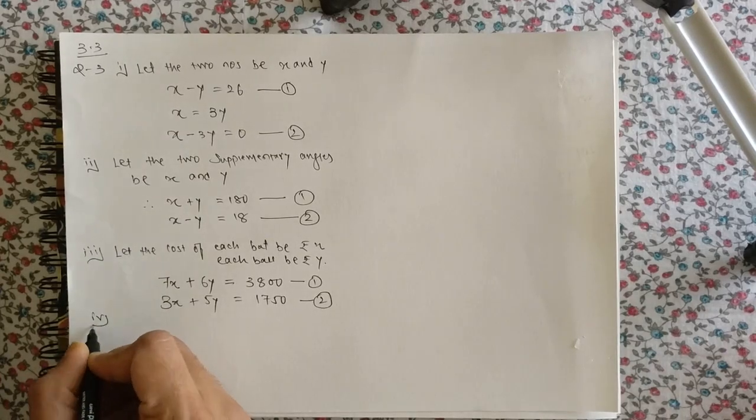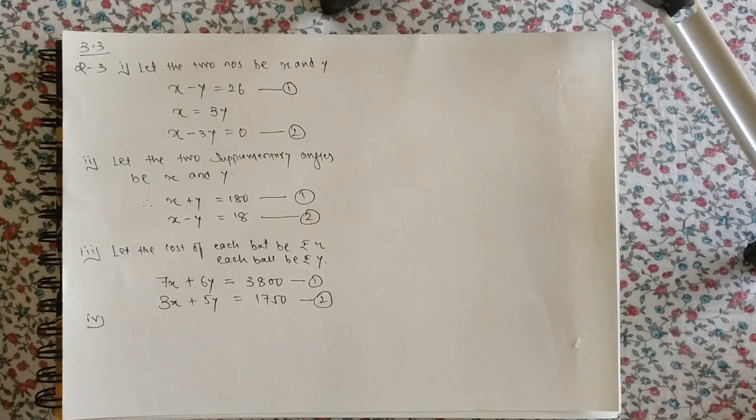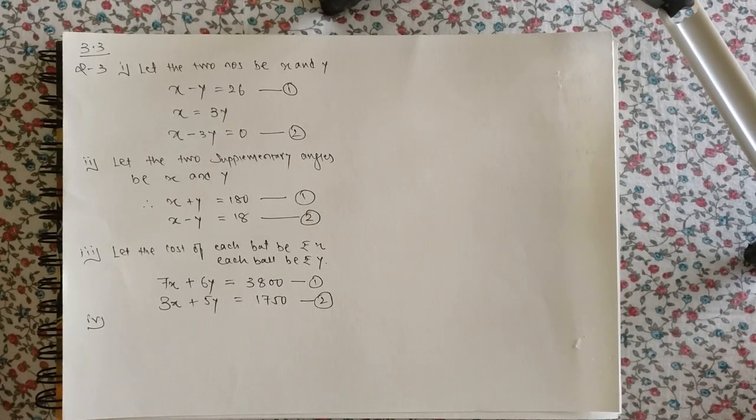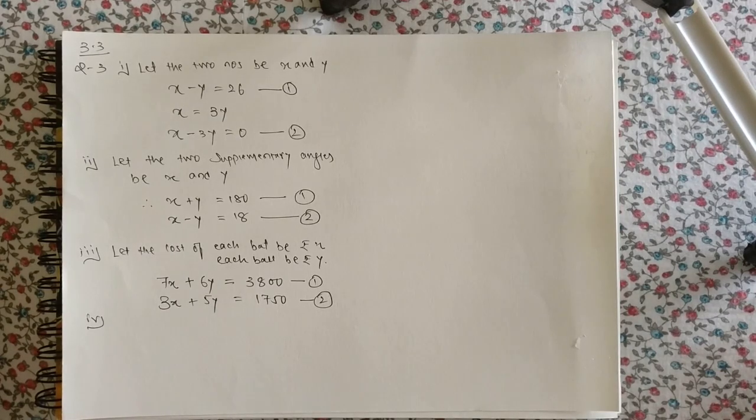Question number 4. The taxi charges in a city consist of a fixed charge together with the charge for the distance covered. Now I am reading the first statement and directly reading the second last statement. What are the fixed charges and charges per kilometer? And how much does a person have to pay for traveling a distance of 25 kilometers?